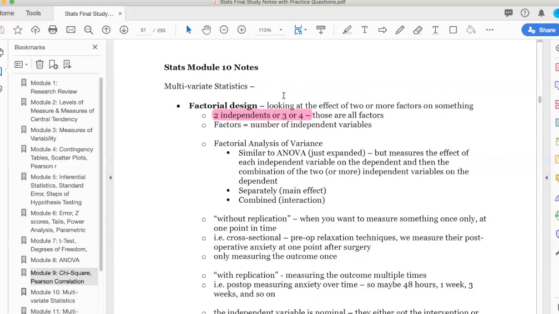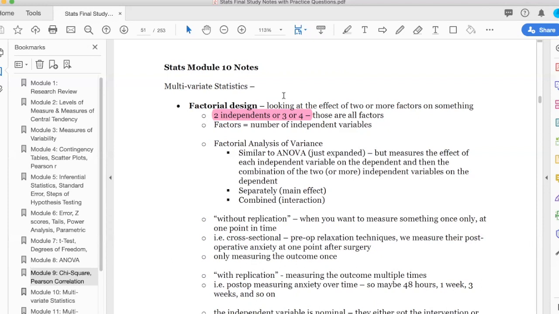This is talking about when we actually have 3 or 4 or 5 independent variables now. So we're looking at what are the effects of, I'm gonna make something up, workplace violence, bullying, and shift work. So there's 3 different variables there on retention, right?